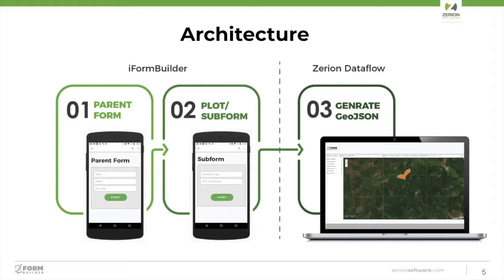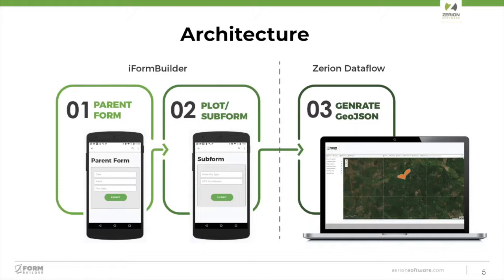So let's start with architecture. It always starts with a good data structure to derive desired outcomes. If your form is not set up to capture this type of information, you need to make sure that how you're designing your form is going to allow users to capture multiple points in the form itself.